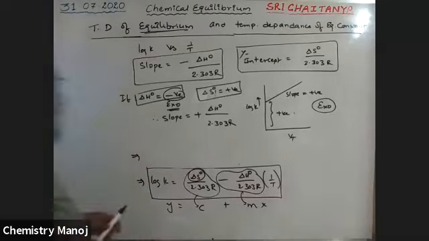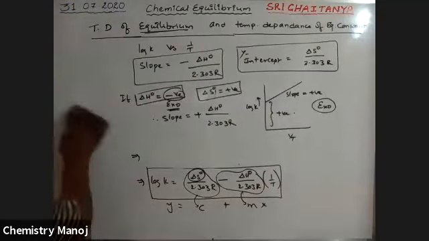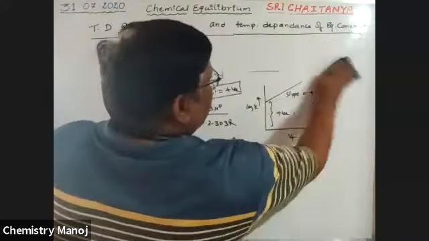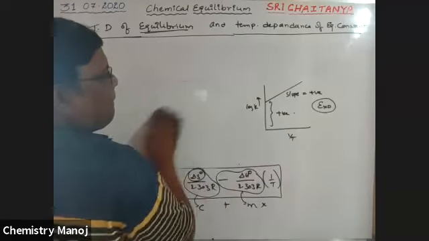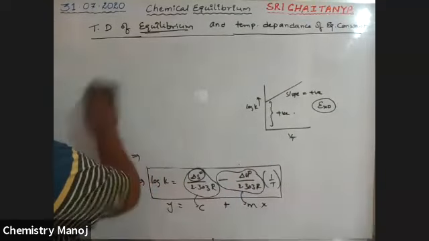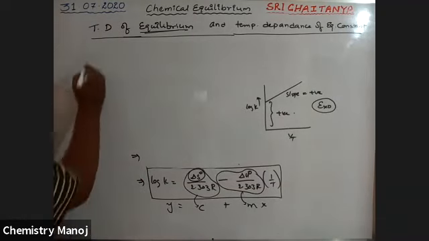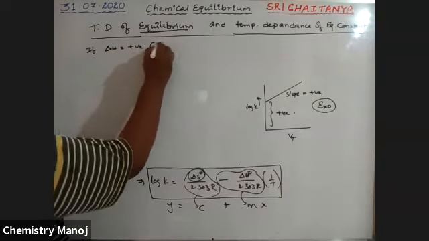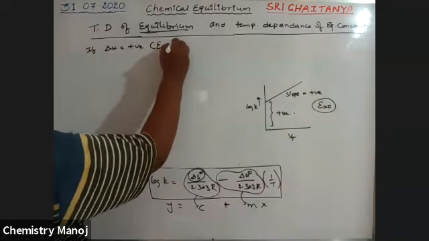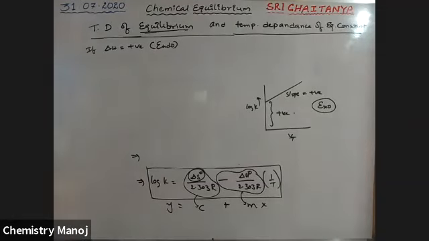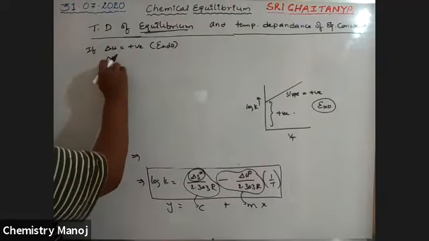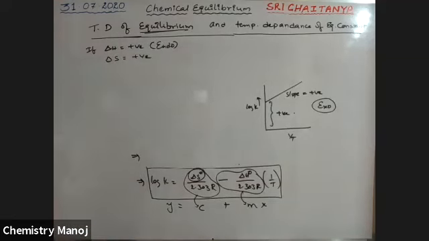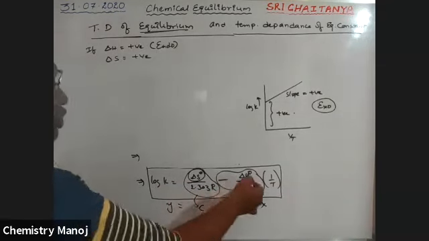Next, I am taking the reverse case. If delta H is positive, positive means endothermic case. If the reaction is endothermic and delta S is also positive, this is positive, this is positive, means the total overall is negative.